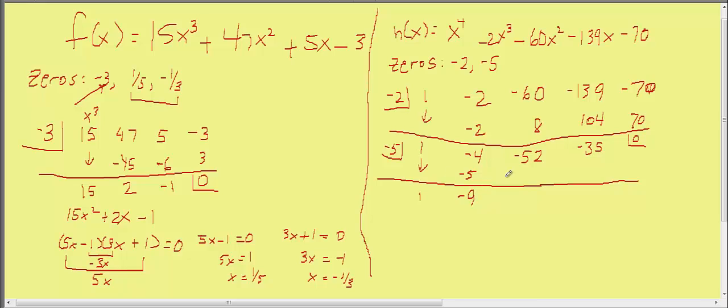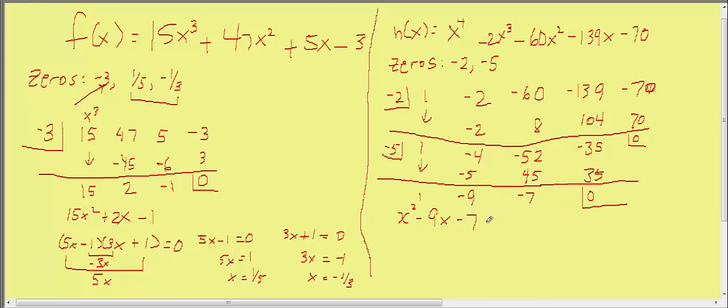Negative 5 times negative 9 is positive 45. Add that to negative 52, I get negative 7. Now I'm going to get positive 35. That's a factor of 2. Now, since I've done it twice, I'm now at x squared minus 9x minus 7.